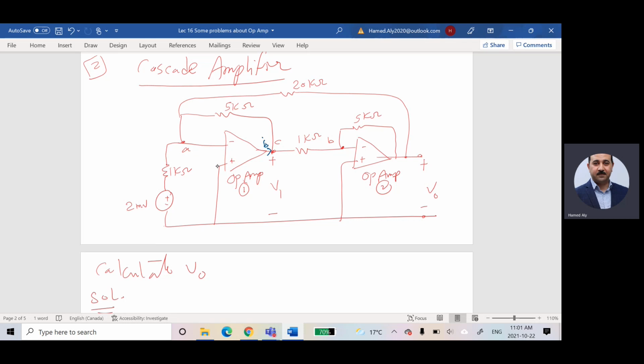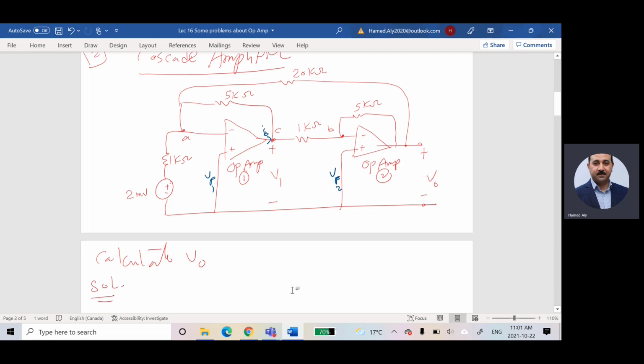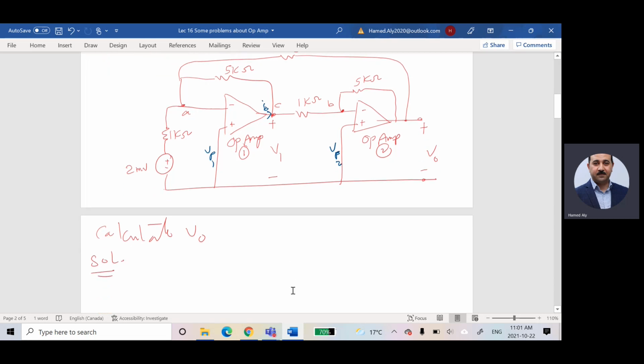So this voltage is VP1. This voltage is VP2, right? Imagine VP1 is the positive voltage for operational amplifier 1, and VP2 is the positive voltage for operational amplifier 2. You were told at the beginning of that part that VP is equal to VN.